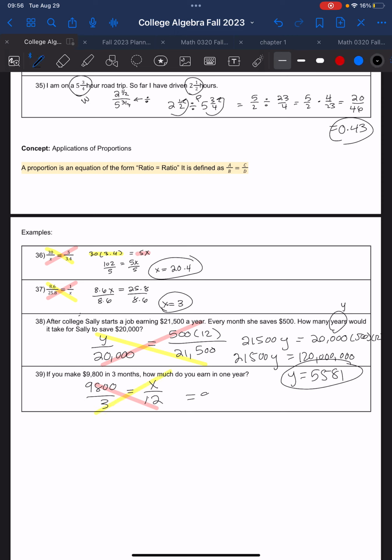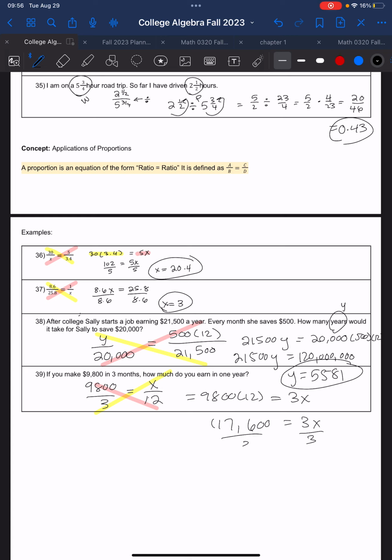And I have 9,800 times 12 is equal to 3x. 9,800 times 12 is 117,600 is equal to 3x.